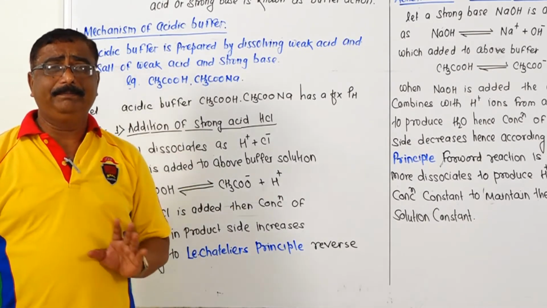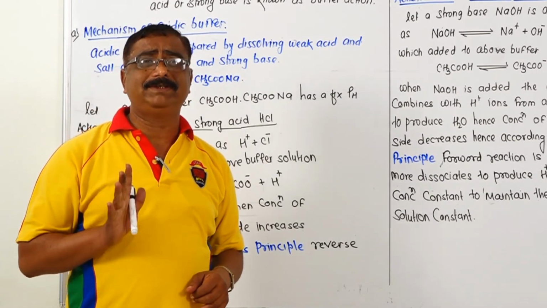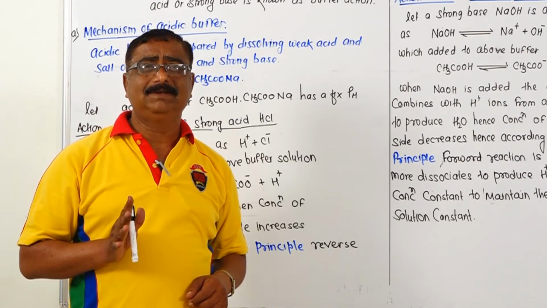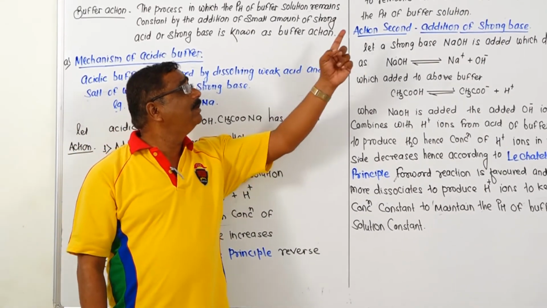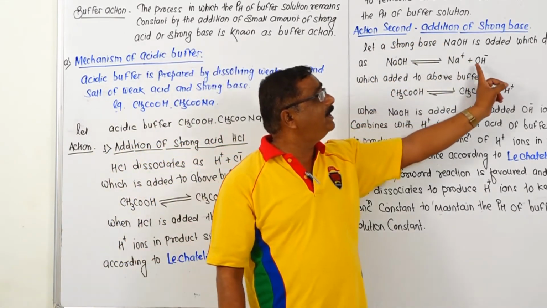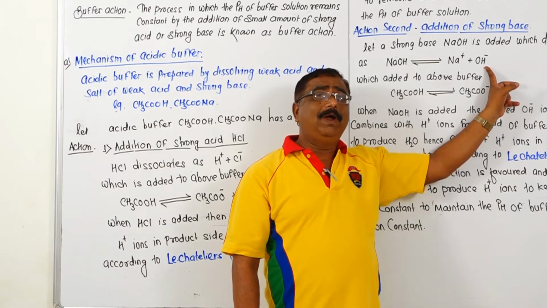Now, case second. If we add a small amount of NaOH, NaOH is a base. You know, NaOH dissociates as Na plus and OH minus. Now what happens?